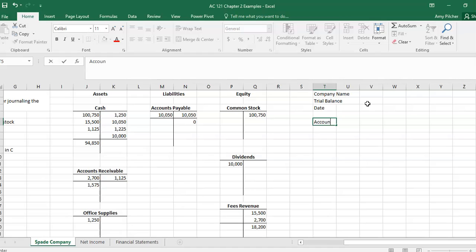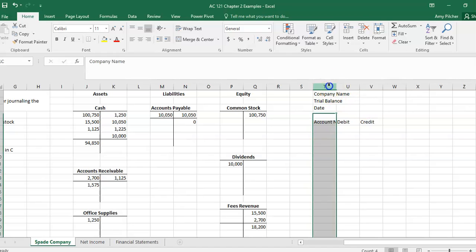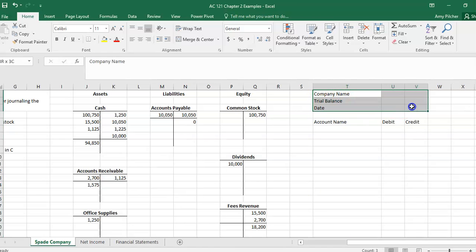You'll have a column with the account name, a column of debits, and a column of credits. In the trial balance, we list all of our accounts in order, starting with assets first, and ending with our equity accounts.